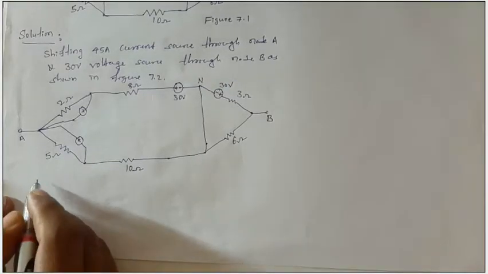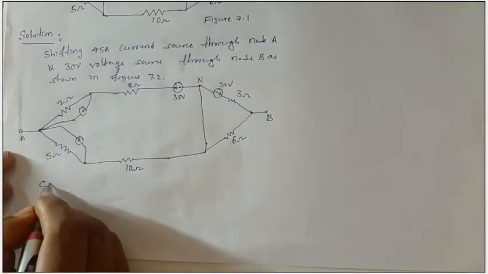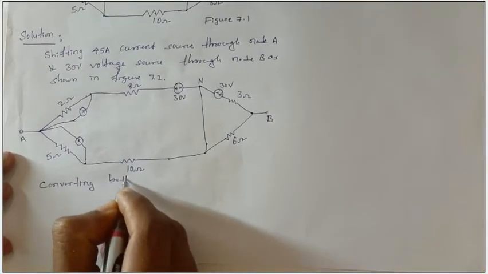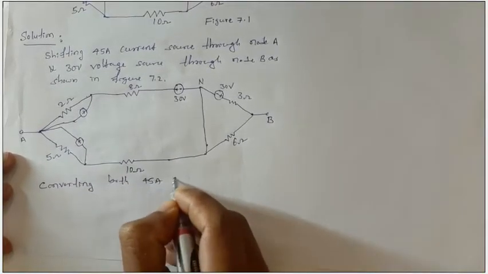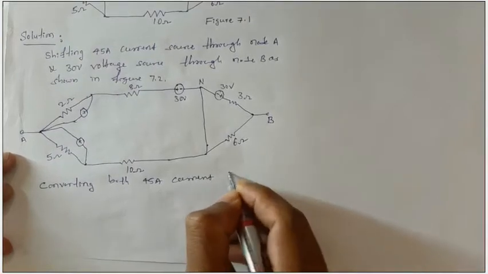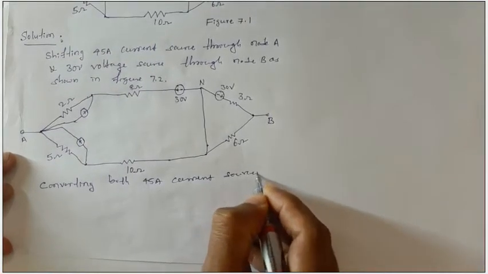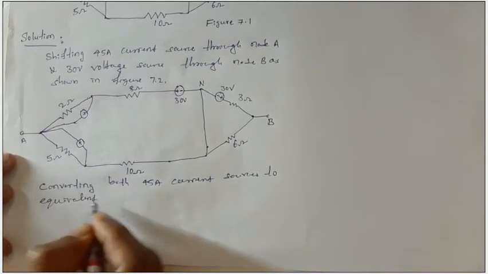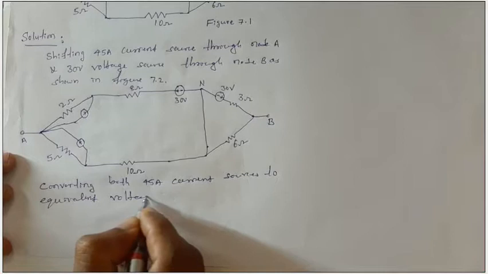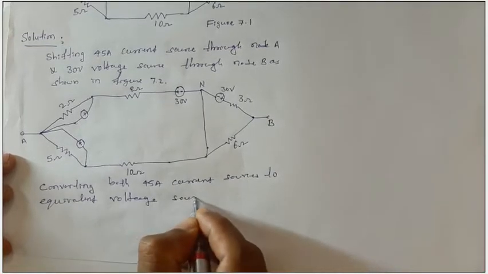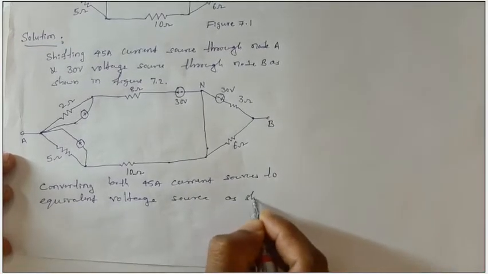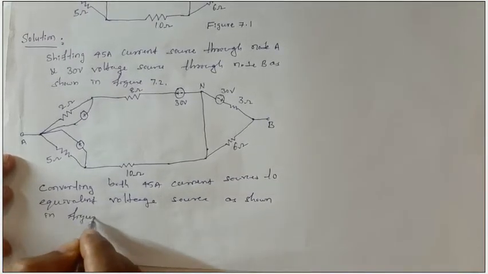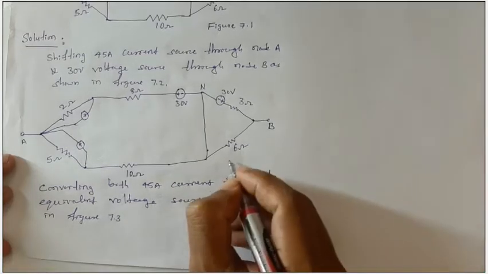Okay, so here what I do, converting both 45 ampere current sources to equivalent voltage sources as shown in figure 7.3. This figure is 7.2.